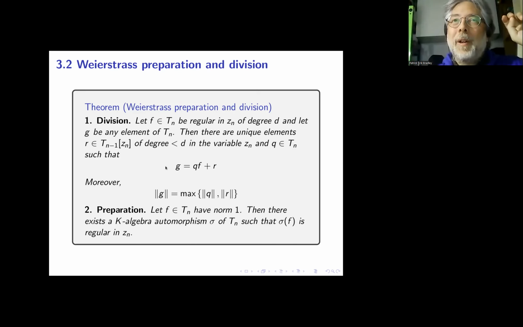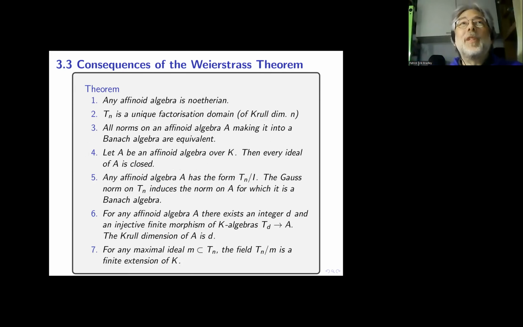But the problem is not all elements allow this, but preparation says that if you have an element of norm 1, then there exists a K-algebra automorphism of the algebra such that the transformed function is regular in z_n of the degree that you have. So you can always transform an element by an automorphism into this situation. And this is good enough for this theorem, namely, first consequence is any affinoid algebra.